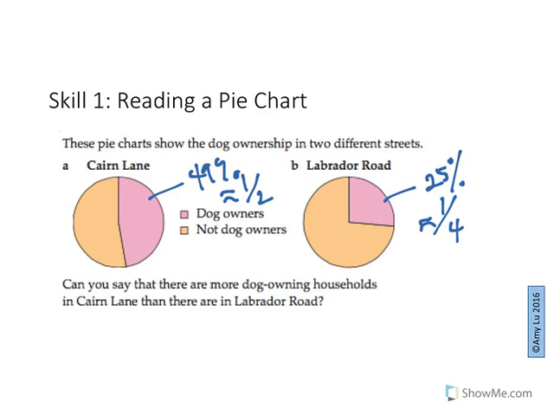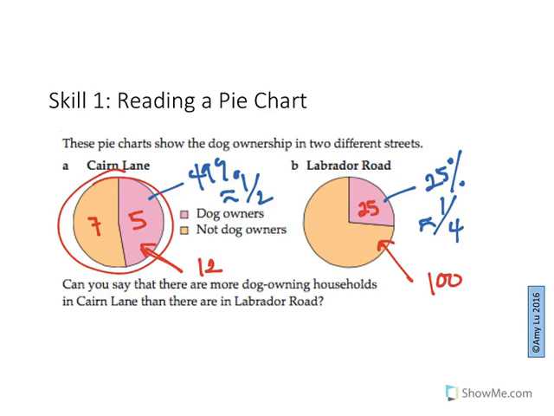So for example, what if on this pie chart, this whole thing represented only 12 people, and this segment represented 5, and this part represented 7. And what if this one right here, the people surveyed, represented actually 100 people, and this part actually represented 25?